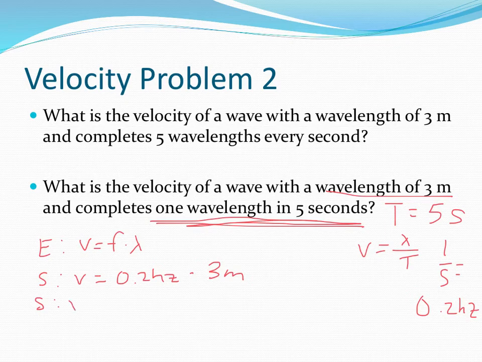And that's going to give me velocity equals 0.6. Then I can think of this as meter hertz, or meters times 1 over a second, which will give me the 0.6 meters per second. That makes sense for velocity. Simple, basic approach to this.